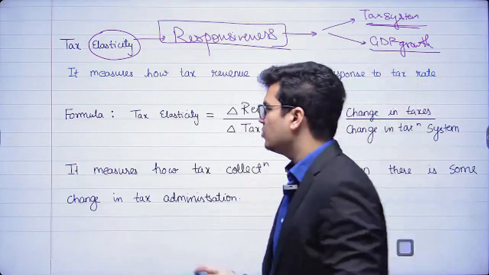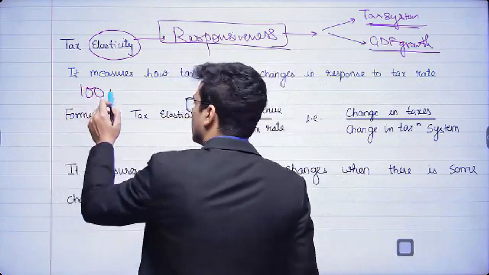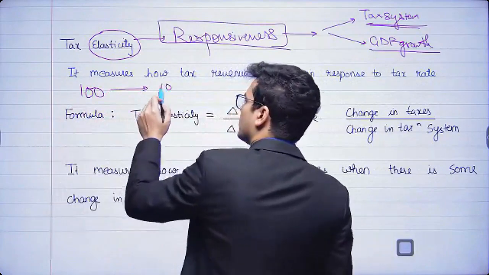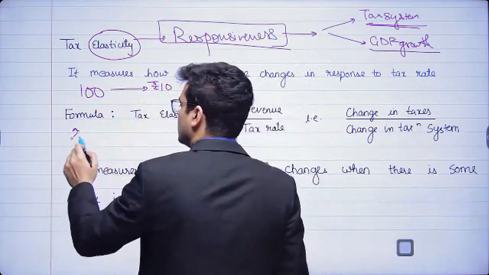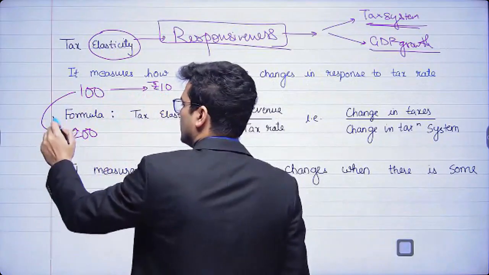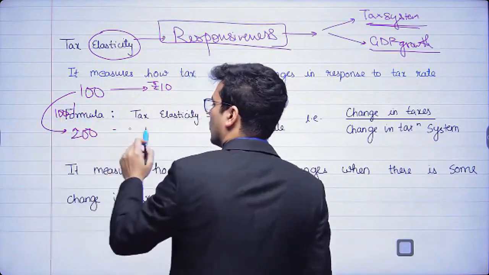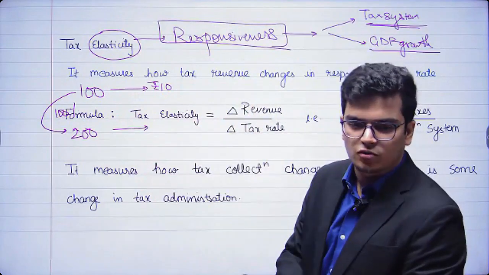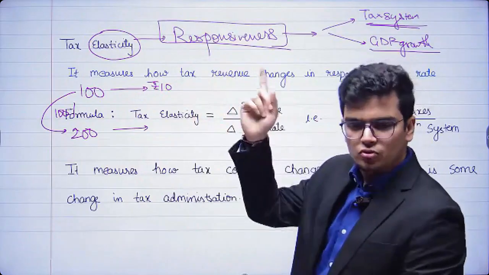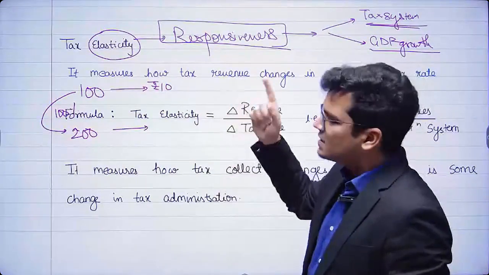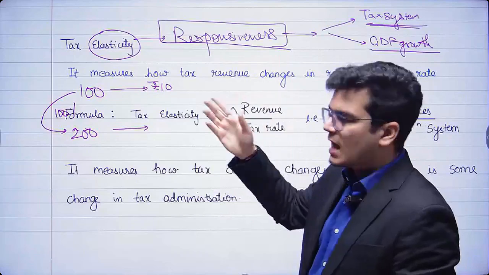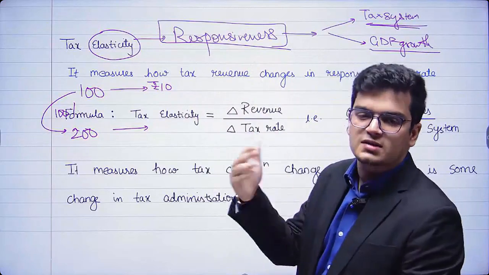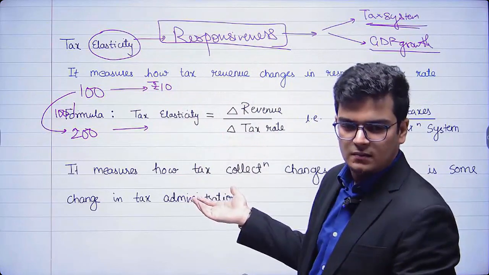When my GDP was 100 rupees, government used to collect, let's say, 10 rupees in tax. Now when GDP is 200 rupees, GDP has increased by 100%. What is the change in tax collection? ये हम पहले देख चुके हैं employment elasticity of growth में. So tax elasticity of growth can also be said. Tax elasticity of change in system, tax elasticity of structural changes, that can also be said, right?